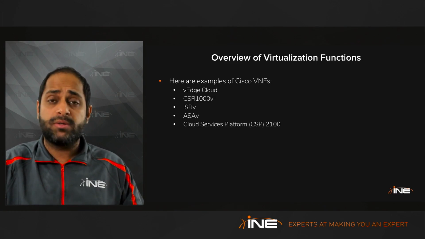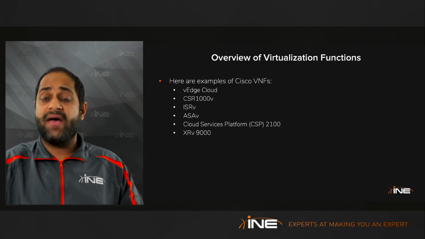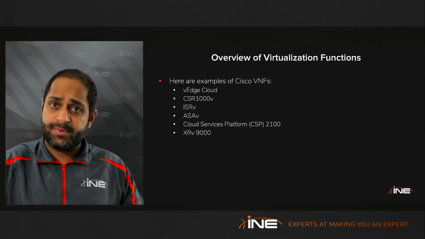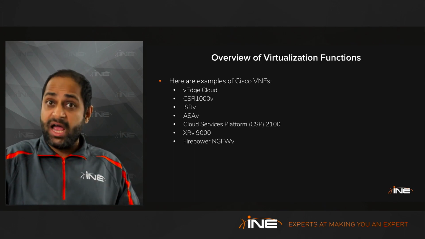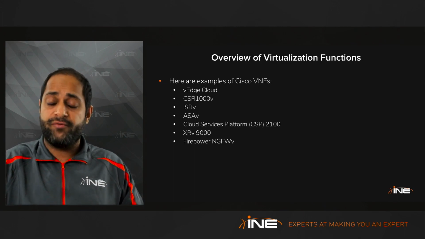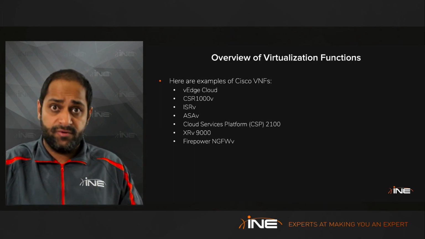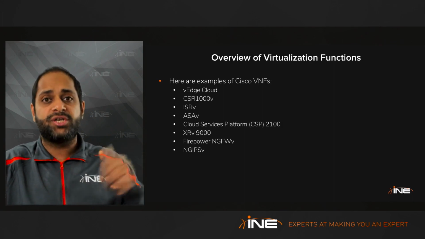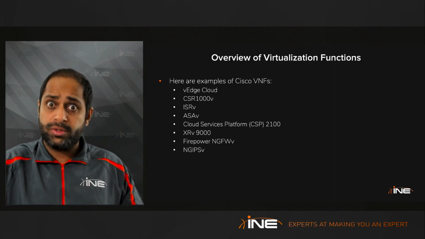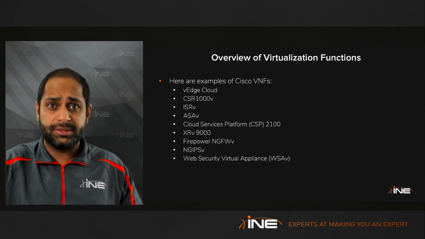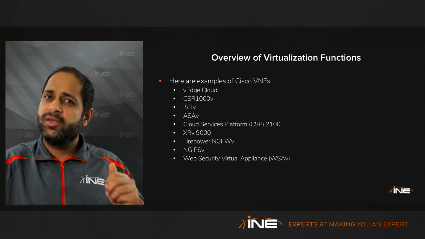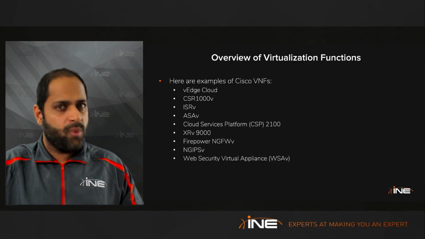Then we have the Cloud Services Platform. We have XRv for our service provider environments. We have Firepower, the next generation firewall, which is also available as a virtual appliance. We have the next generation IPS, which is also now available as a virtual appliance. And then we have the Web Security Appliance, which is a web proxy.